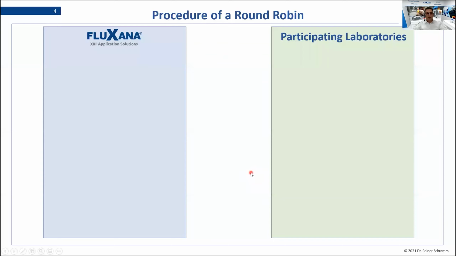When we start with the round robin, the first thing is the blending, and this is the most important part. Many times this is also where the samples are chosen, because the samples must be available. For example, it's coming from a customer who would like his production sample to be part of a round robin.